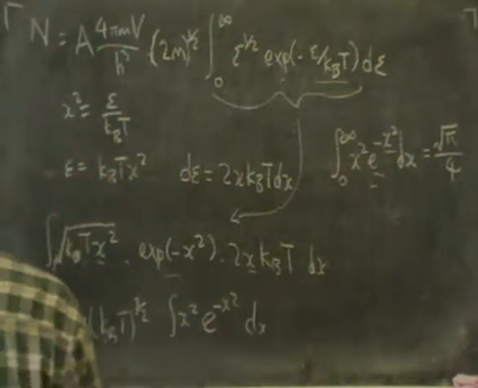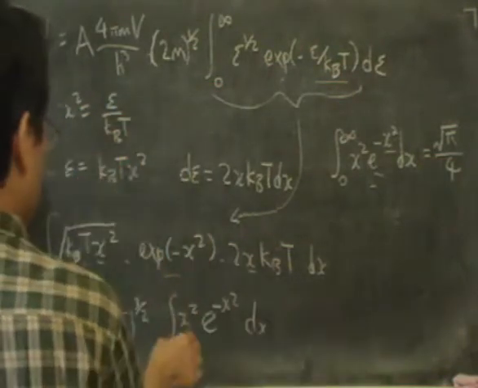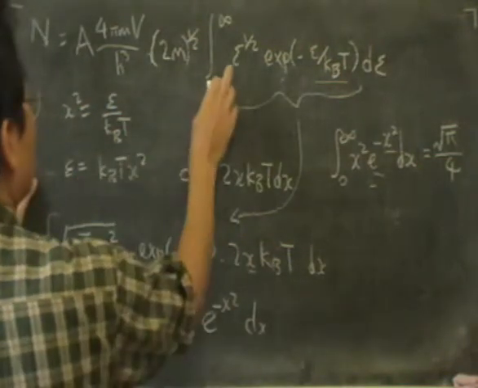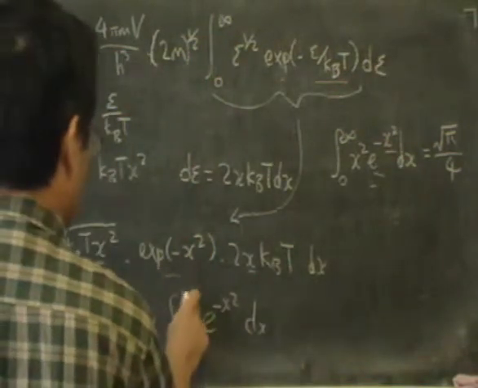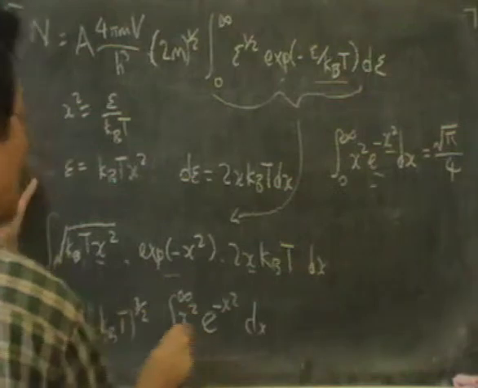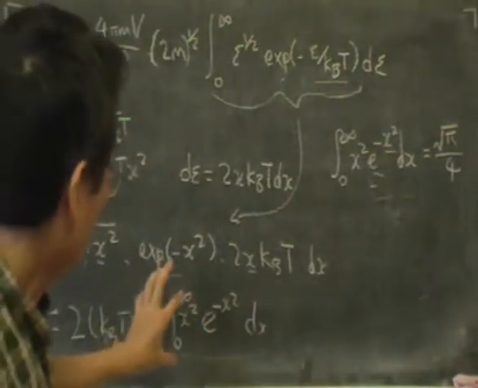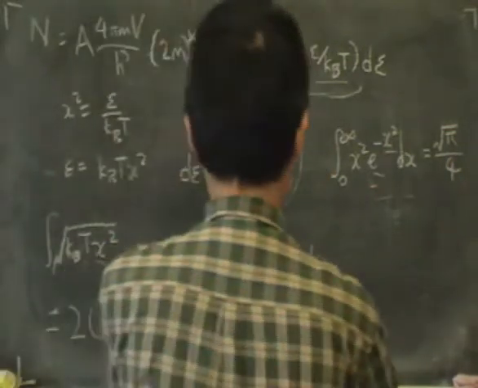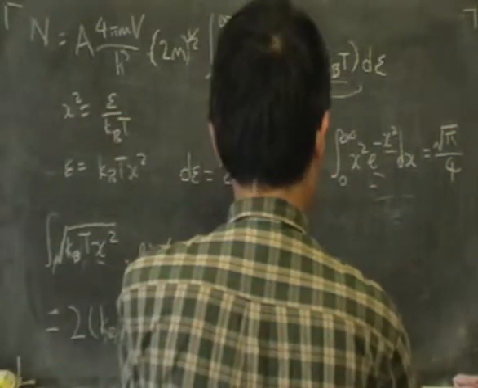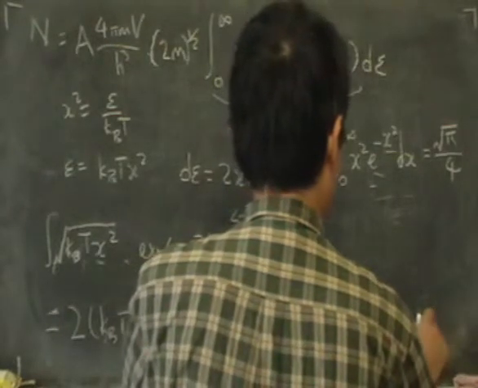And the limits of integration: when E is 0, x is 0, and when E is infinity, x is also infinity. So then we have this same expression as in the table of integrals, and we can replace this by square root of pi over 4.